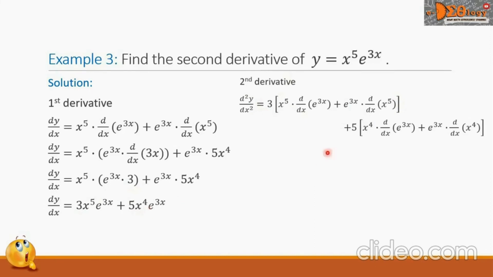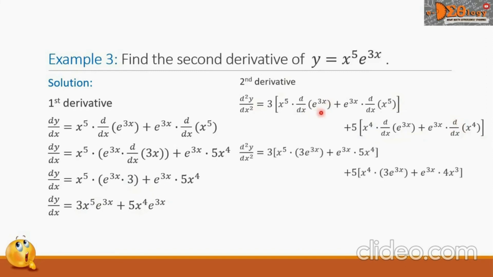So we write here the constant 5 outside, and then x raised to 4 times derivative of e raised to 3x plus e raised to 3x times derivative of x raised to 4. Let us now take the derivative respectively.